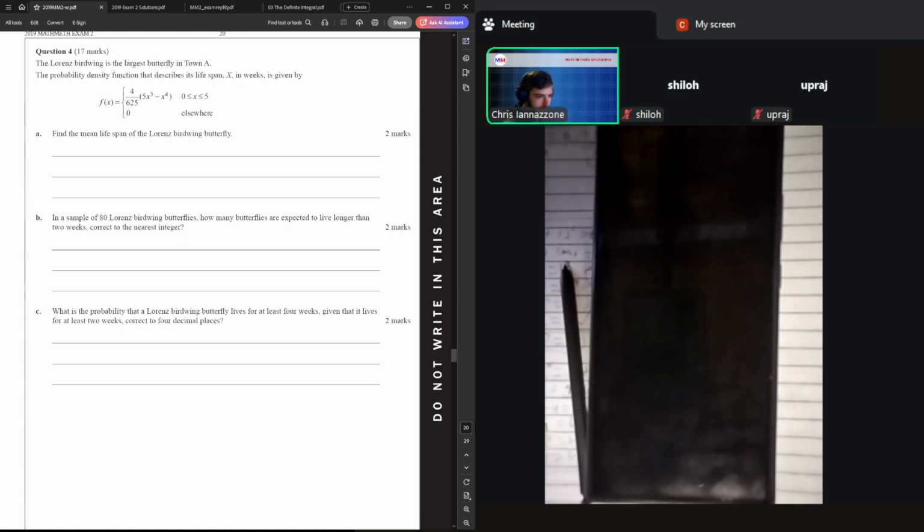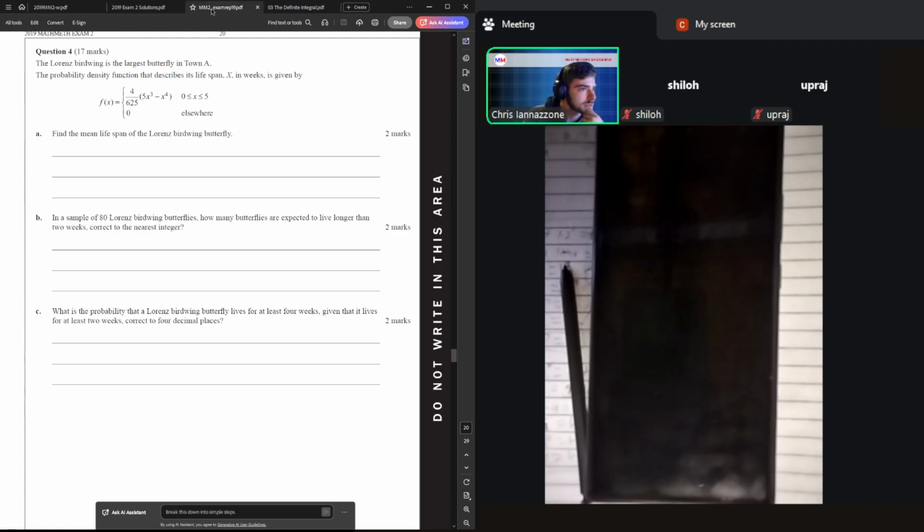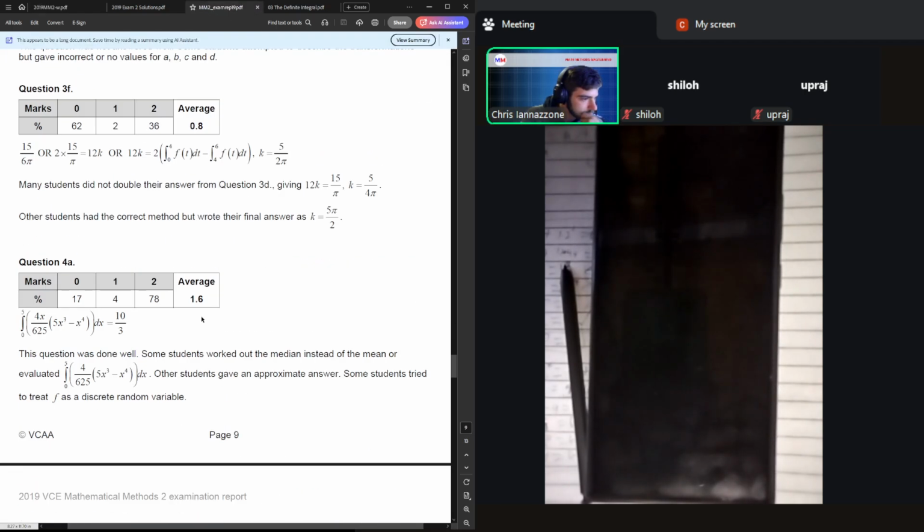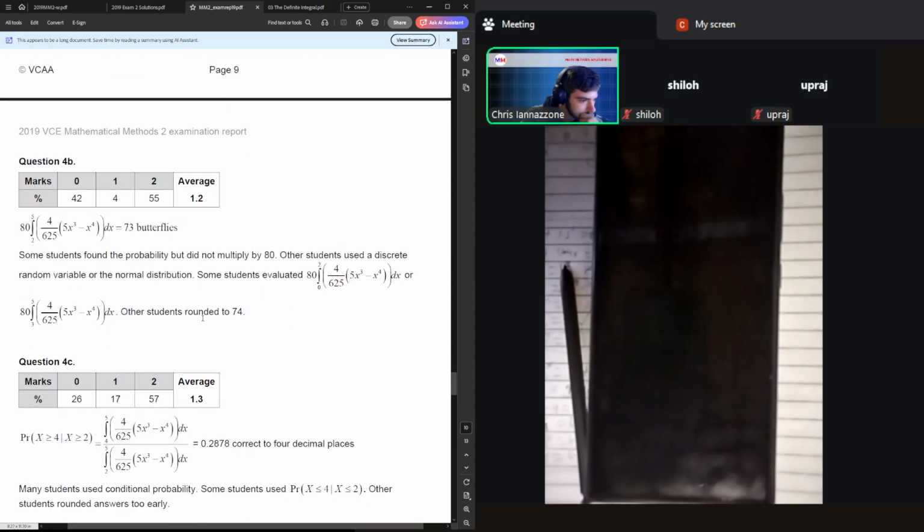To 877. Maybe I've rounded it a bit off. I've got 0.2878. Let me just double check who's got the right rounding. Yeah, 2878 was what that was looking like. So maybe... Oh, cool.